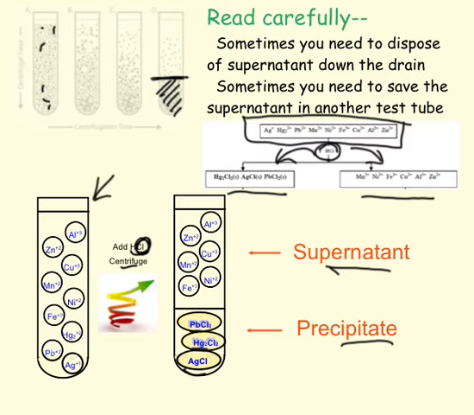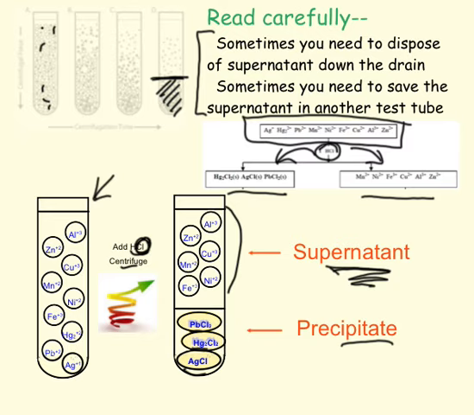So be really careful as you read through your procedure. Quite often when you centrifuge something, you dispose of the solution or the supernatant on top. In this case, this would be a situation where you need to make sure you do not dispose of it, because you need this supernatant in order to test all of these ions in the upcoming steps.